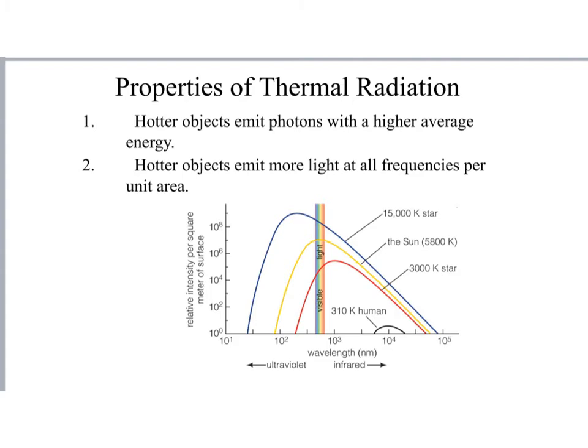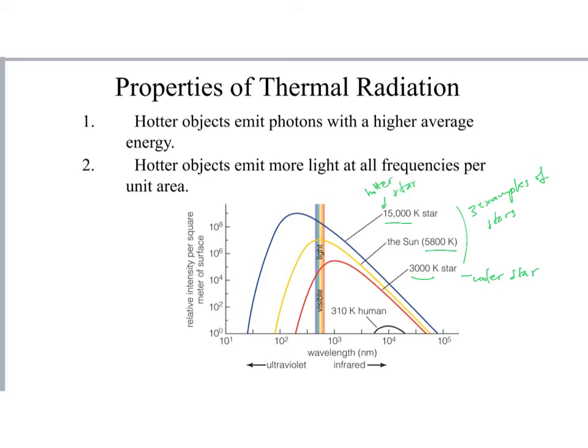So here are 3 examples of stars at different temperatures, right? This is 15,000 Kelvin. This is about 6,000 Kelvin, and that's the temperature of the sun. And this is a cooler star, and this would be a hotter star.